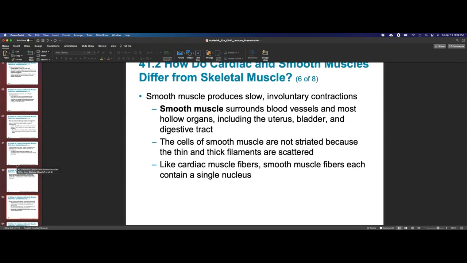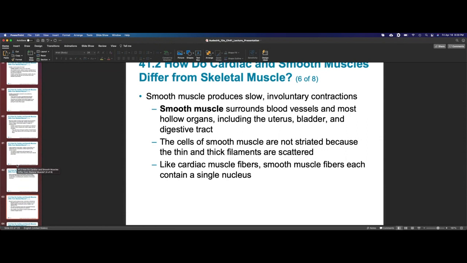So smooth muscle, going into that third different kind, surrounds blood vessels, and so their need to constrict or expand correlates to the amount of blood you need in any one area at any given time. For instance, skeletal muscle cells require a different amount of oxygen and blood flow depending upon which muscles you're using at the time.